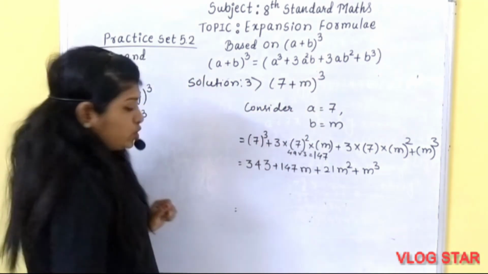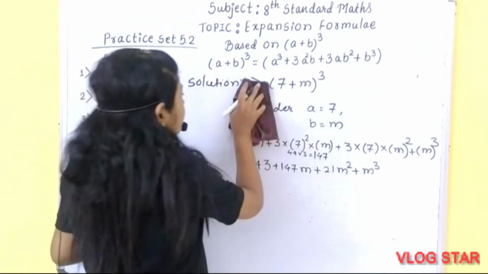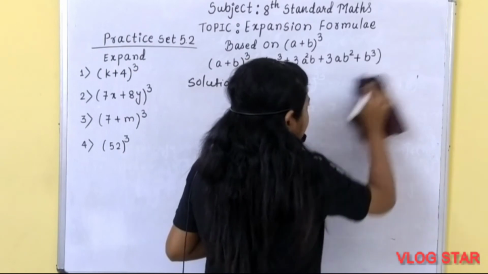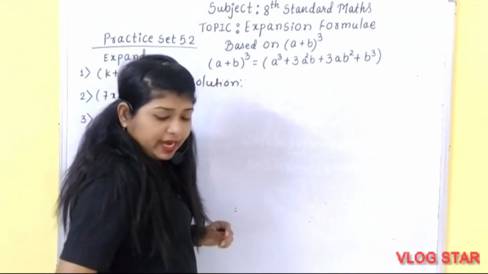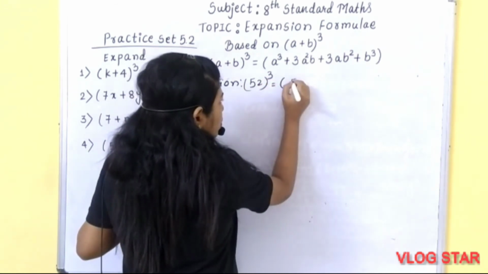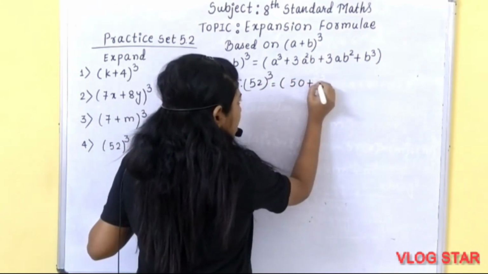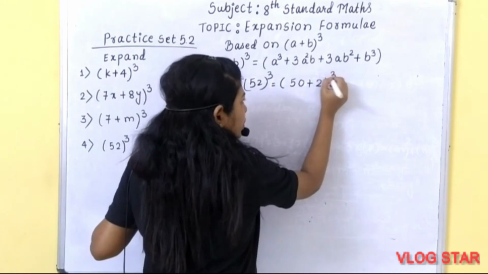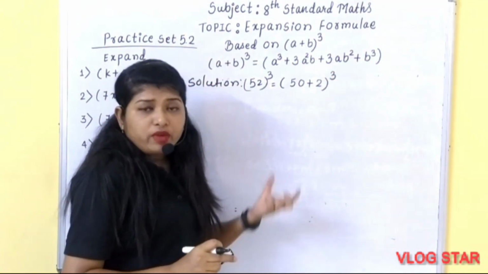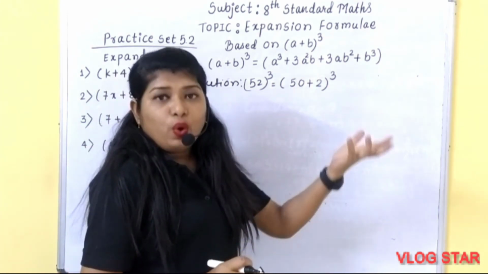Now coming to the last solution, what is given? 52 cube is given. So how are you going to divide 52? We can write 52 cube is equal to (50 + 2) whole cube. So this is nothing but in the form of (a + b) whole cube.